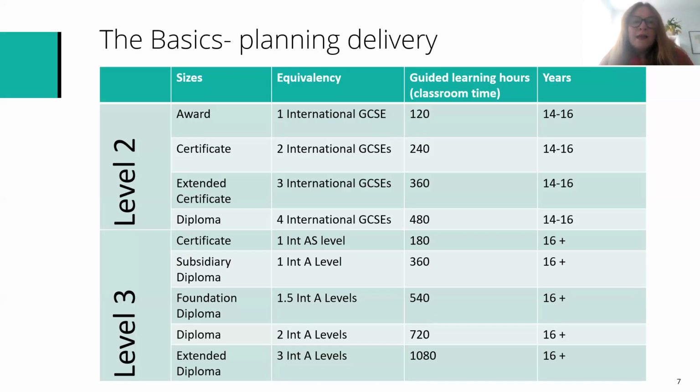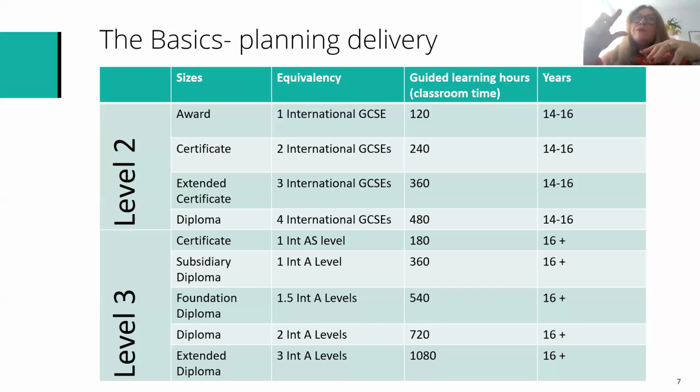They're guided. But Pearson deem that 120 guided learning hours across whichever period you're delivering the award is the amount of hours that would be needed for the students to gain the knowledge and skills that they need to be successful with the assignments.